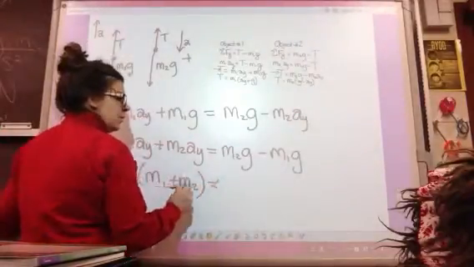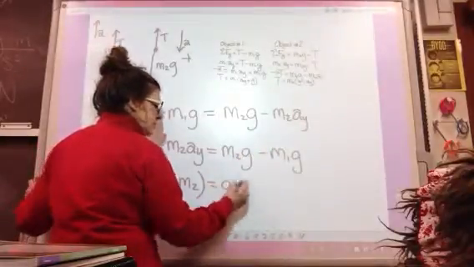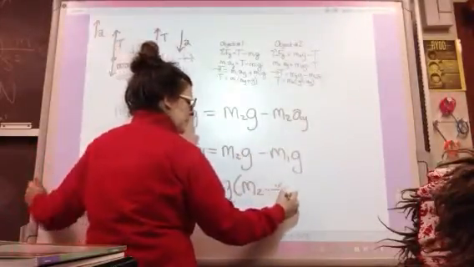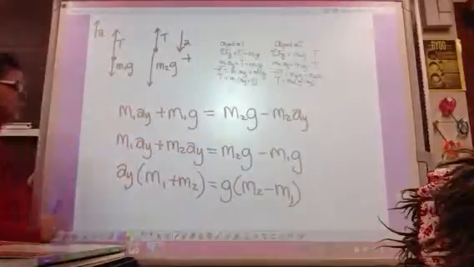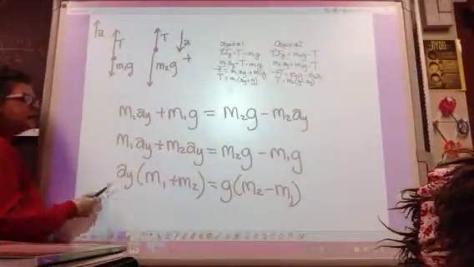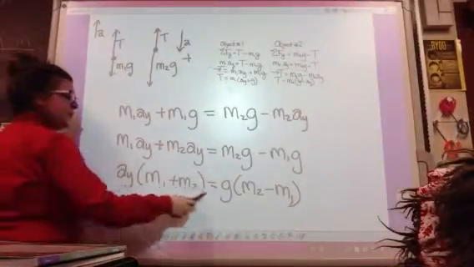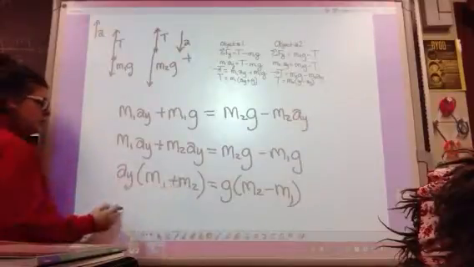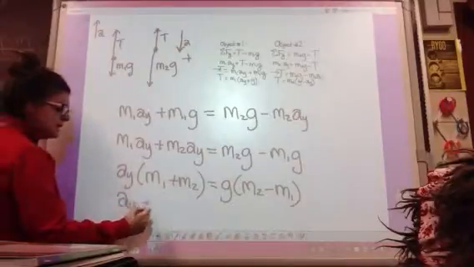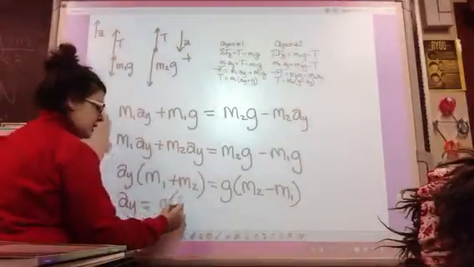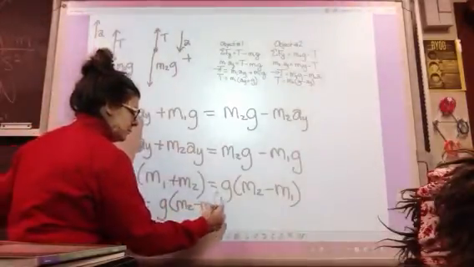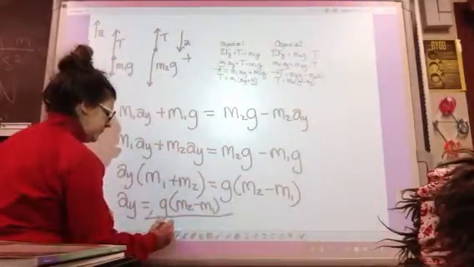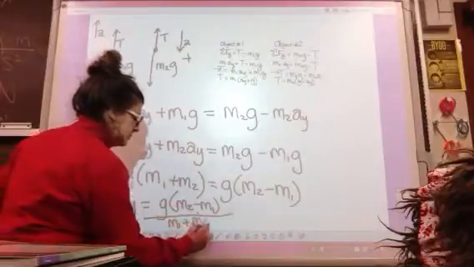And that's going to equal, doing the same thing for g, g times m2 minus m1. To get acceleration all by itself, I divide both sides by m1 plus m2. So I should get my acceleration to be g times m2 minus m1, over m1 plus m2.